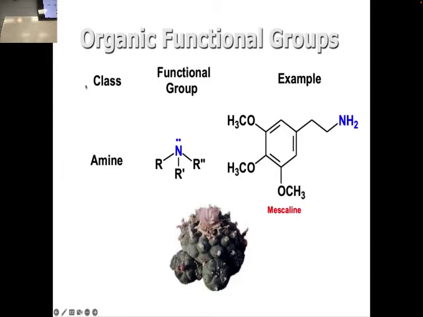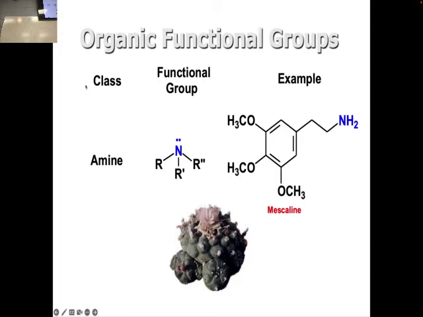This line is a bond to a carbon atom. These vertices are representations of carbon atoms. We'll learn a little bit more about that in the next chapter. But basically, all of this is R, N, H, H. That's what that representation means.